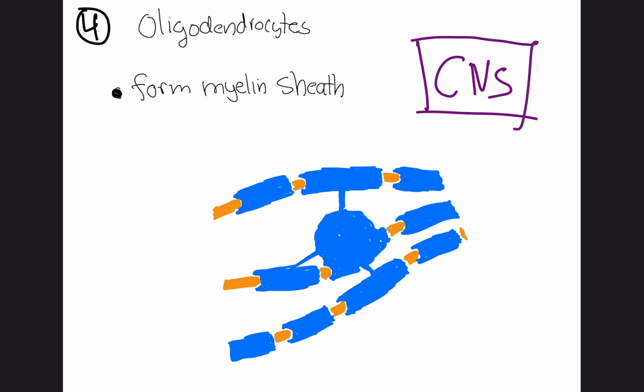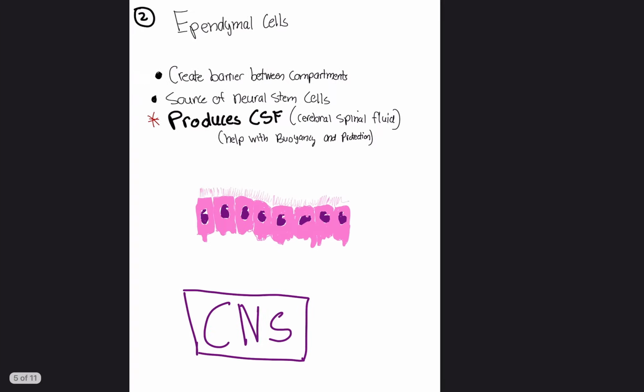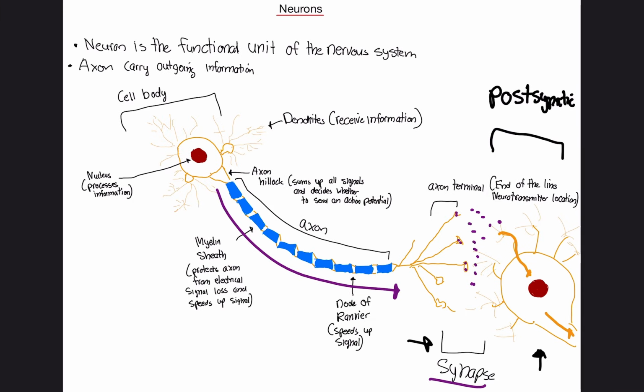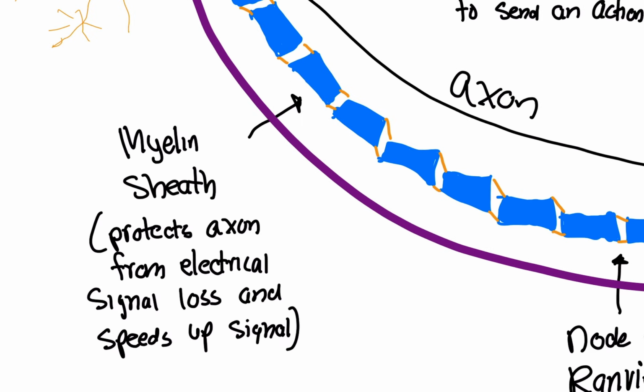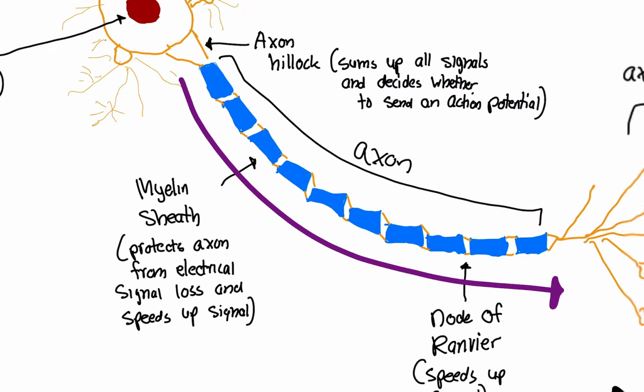The last thing, the CNS only, is oligodendrocytes. Oligodendrocytes form that myelin sheath we talked about, the protection of the axons. Let's go back. Remember, see this blue stuff? That's what oligodendrocytes do. The myelin sheath protects axons from electrical signal loss and speeds up signals.